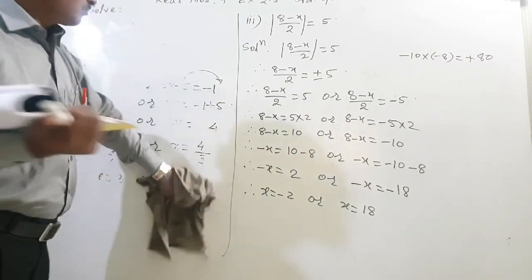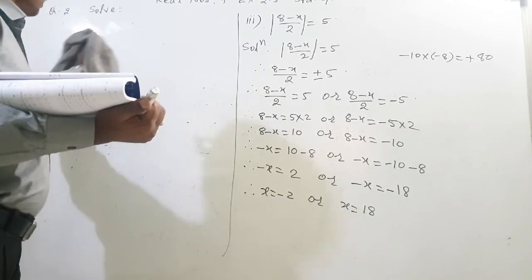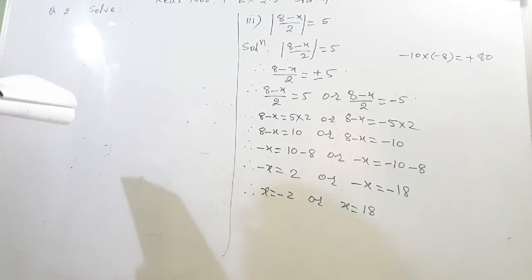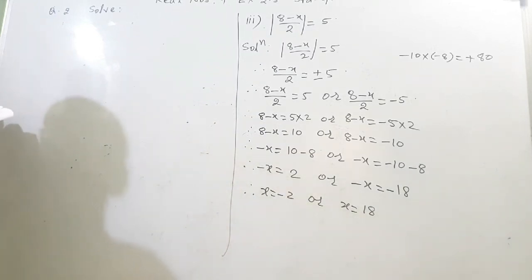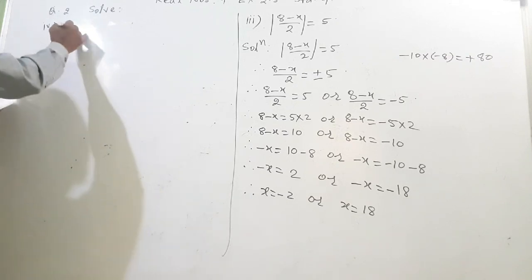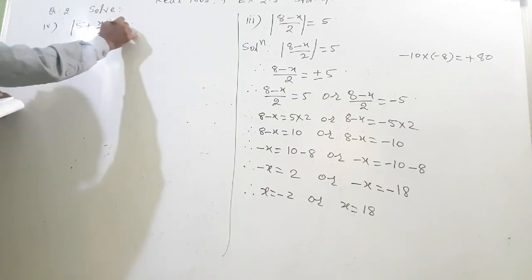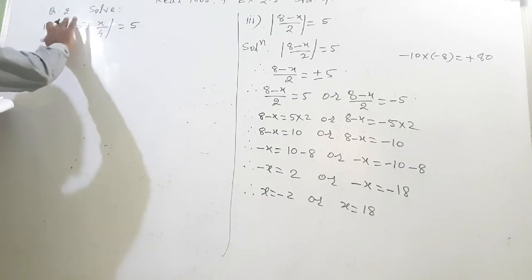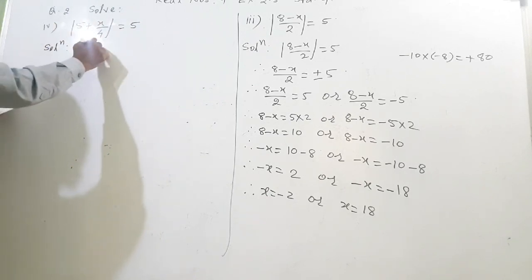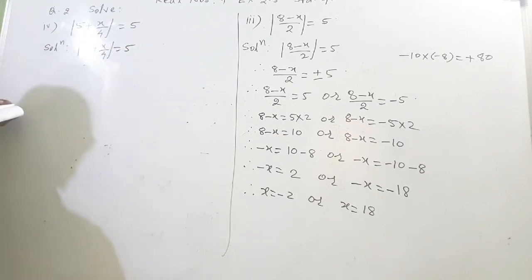One more sum, that also I want to do for you. The fourth one. 5 plus x upon 4 is equal to 5. Solution. 5 plus x upon 4 is equal to 5, the question I have taken.